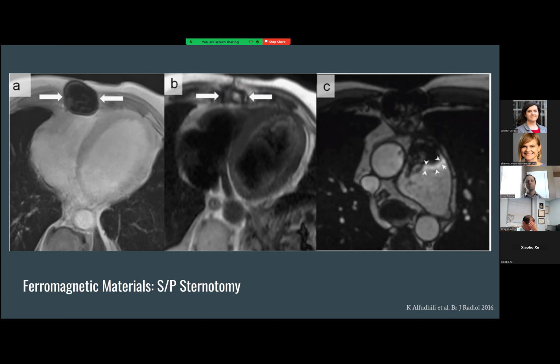But what you could do maybe is a half Fourier acquisition to try to remove some of the artifact. And here in C, you can see the artifacts give this peripheral high signal intensity designated by this group of arrowheads here.